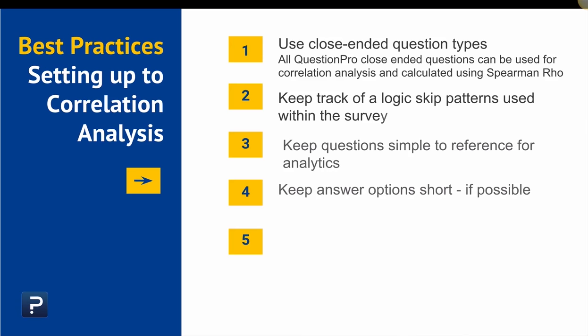Fourth thing is, keep the answer options short if possible. There is a thing in correlation analysis where they say if you have too many options, then the ability to measure the relationship or the correlation between different variables can possibly go down.